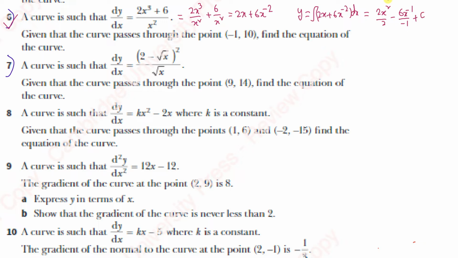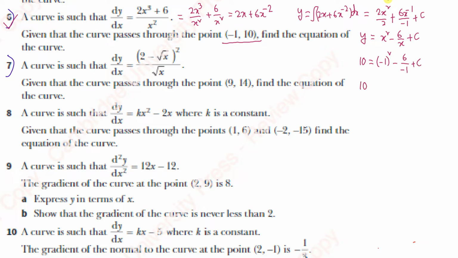plus c. Here it was written with the plus 6. So the final equation is x squared minus 6 by x, because according to the rule of indices we can write y equals that expression. Now minus 1 and 10 we put here to get the value of c. The y value given is 10 and the x value is minus 1. Putting in: minus 1 whole squared minus 6 divided by minus 1 plus c.